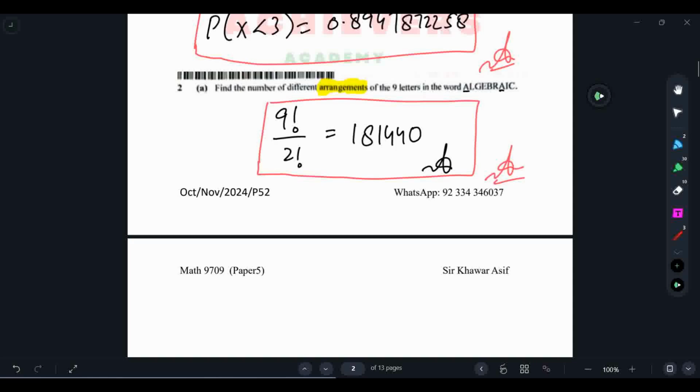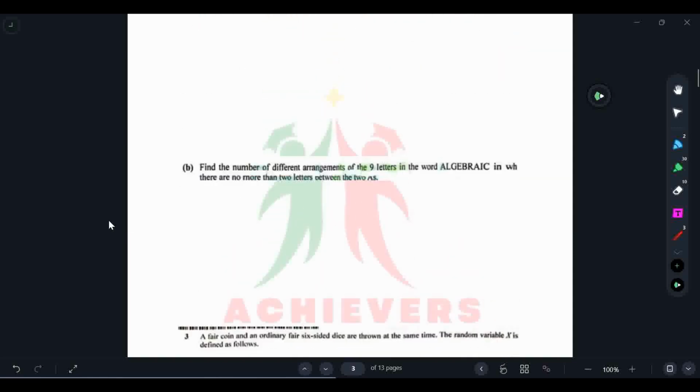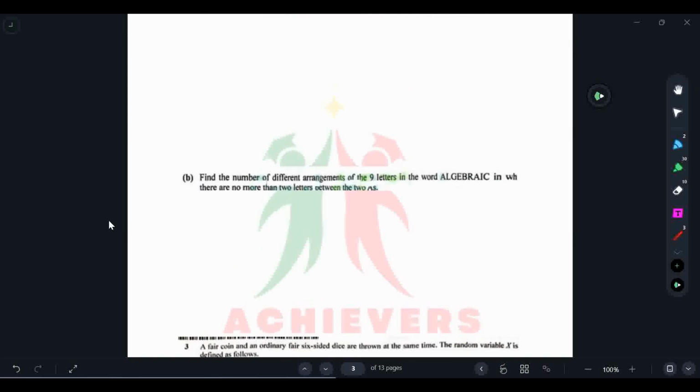Let's move to the next one, question number 2, part B. Now part B is this one. Find the number of different arrangements of the 9 letters in the word algebraic in which there are no more than 2 letters between the 2 A's.